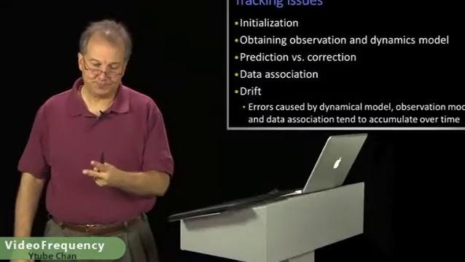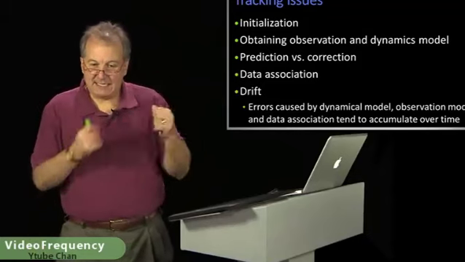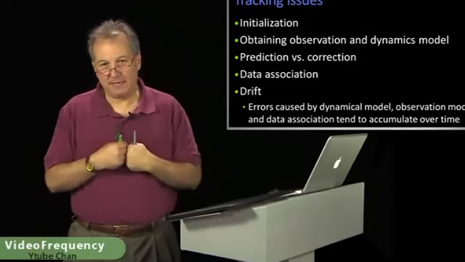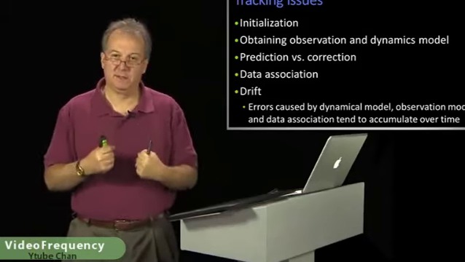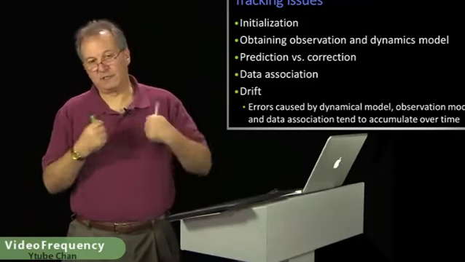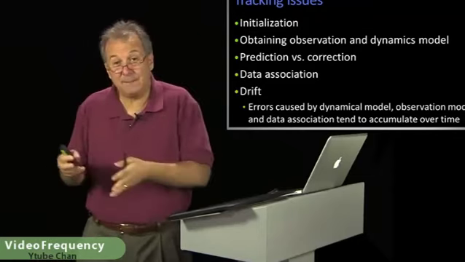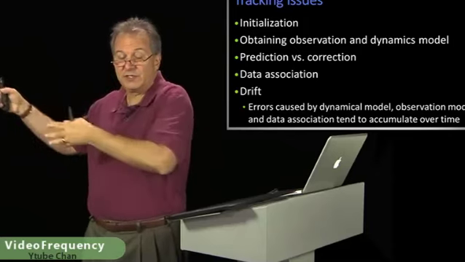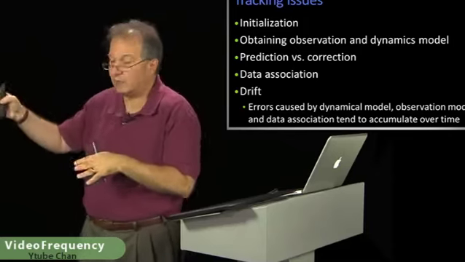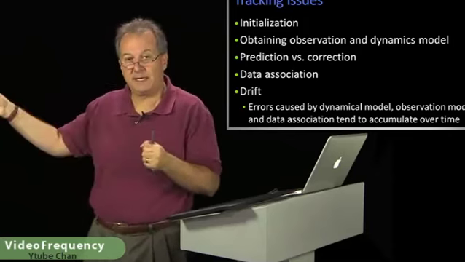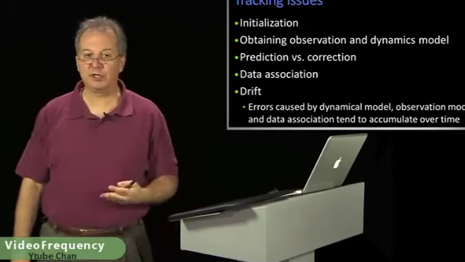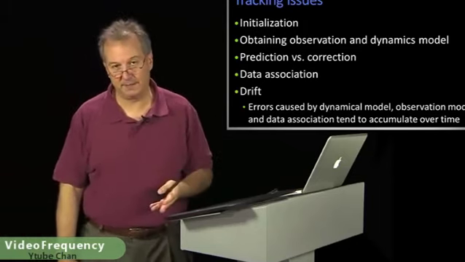Choice one is I stick to my target model, right? I really believe the model, and I never change it, like its appearance or its color distribution. The problem with that is what happens if the object is changing? All of a sudden, it goes in the trees, shadows, things look a little different, and I didn't update my model. So almost every tracker does some form of model update.